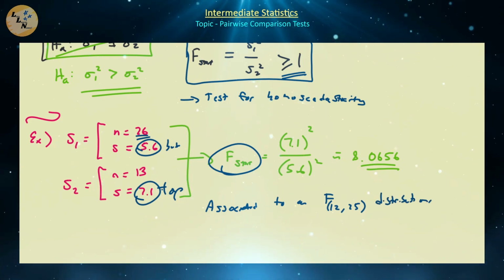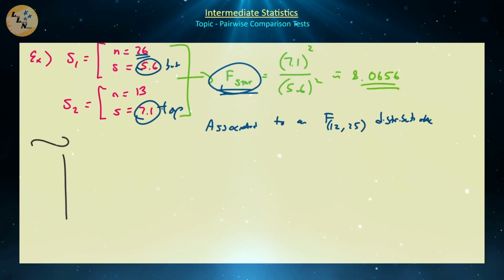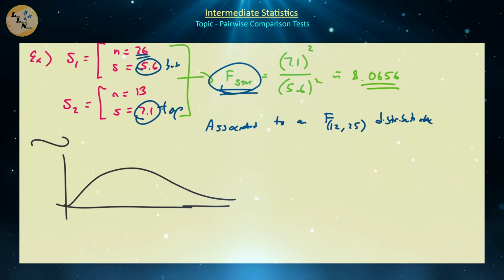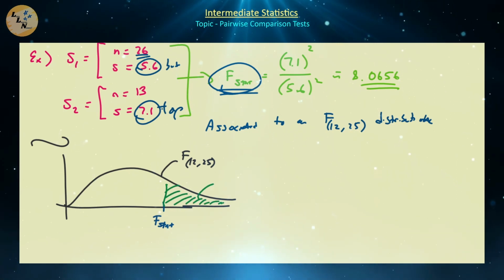Once we are able to decide which distribution this F test statistic is associated to, and we have the test statistic that we've calculated from our samples, we can go to our F(12,25) distribution, which looks sort of like that, and find our F test statistic on it, look in the direction of our alternative hypothesis, which is a right-tailed test, and find that area there, which we know to be our p-value.